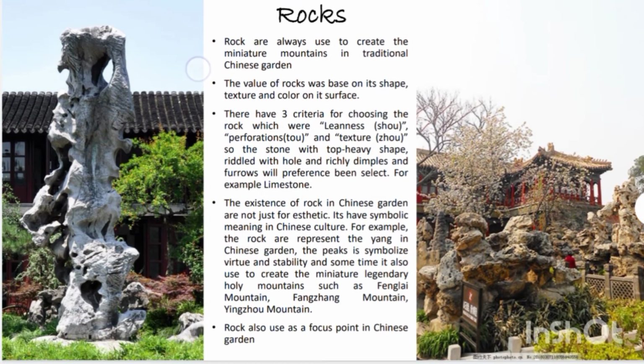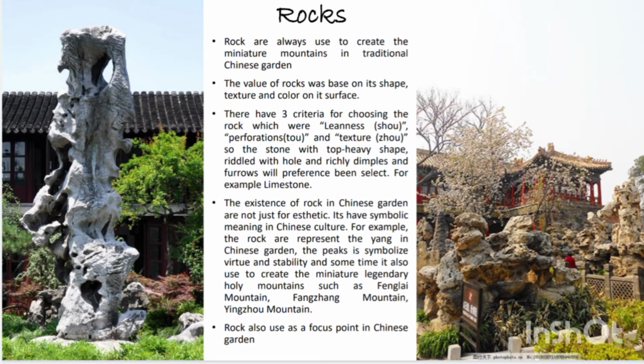Rock is always used to create miniature mountains in the traditional Chinese garden. It is not just for aesthetics. Usually it has symbolic meaning in Chinese culture. In the traditional Chinese landscape, rock represents the yang, and the peak symbolizes virtue and stability.